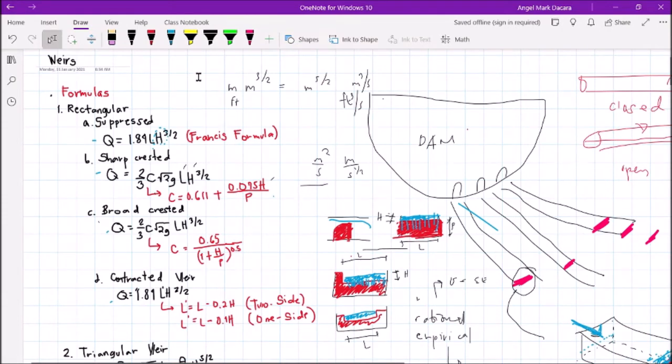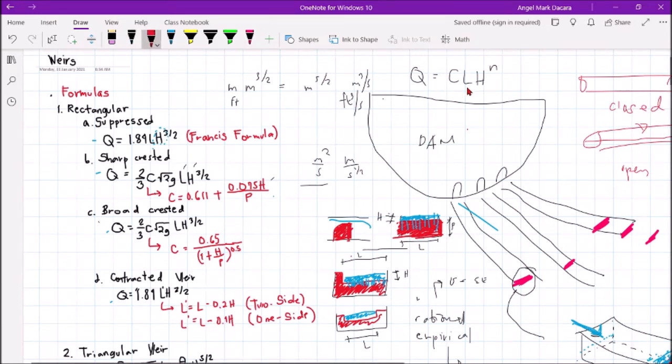O nga pala, reminder na minsan kasi ganito. Ang general formula kasi ng weir sa kahit anong weir ay C times L times H raised to N. Okay? So, ito yung general formula. Ito yung pinaka-general formula sa pagsusolve ng discharge weir.